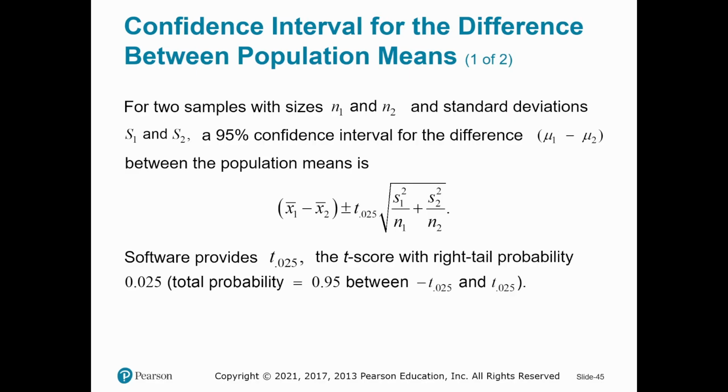For two samples with sample sizes n sub 1 and n sub 2 and sample standard deviations, you've got to put that word in your notes, sample standard deviations, and make these lowercase s's, lowercase s sub 1 and lowercase s sub 2, a 95% confidence interval for the difference in the true population means is, and again, we have the same exact idea, right?